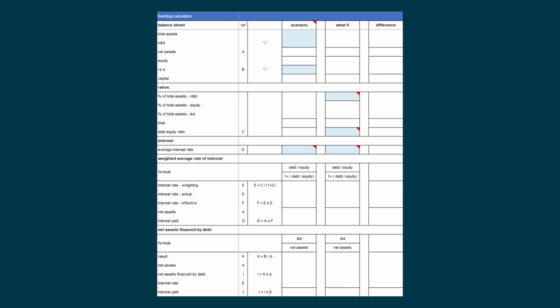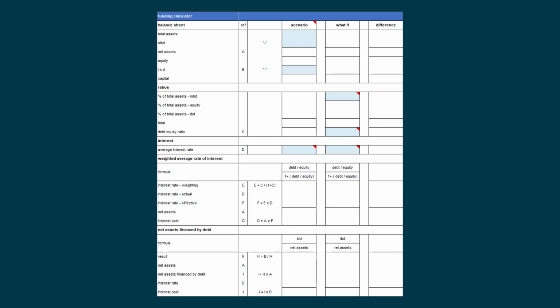The spreadsheet consists of three key elements. The first element is a high-level balance sheet, which shows total assets, non-interest-bearing debt, equity, and interest-bearing debt. The ratios element shows how total assets are funded by non-interest-bearing debt, equity, and interest-bearing debt.